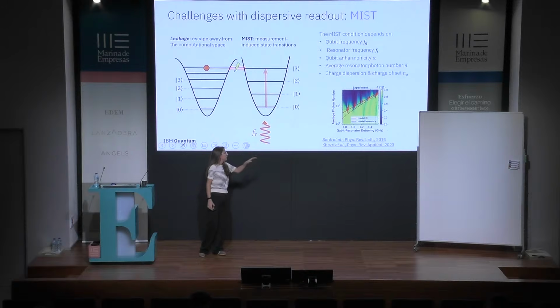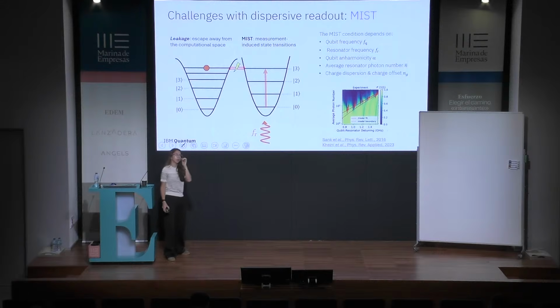And you see that even for quite low photon numbers, you will encounter some detunings where this happens. And if you are thinking in scale, you have to be really, really careful designing your system so that you don't have these problems. And typically, always measuring with a lower photon number would help.